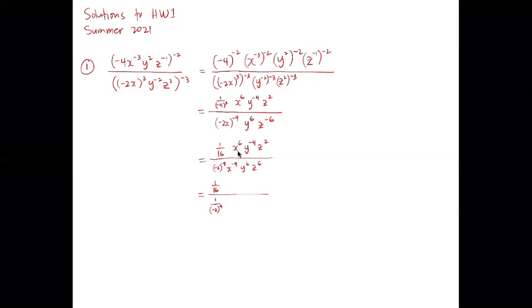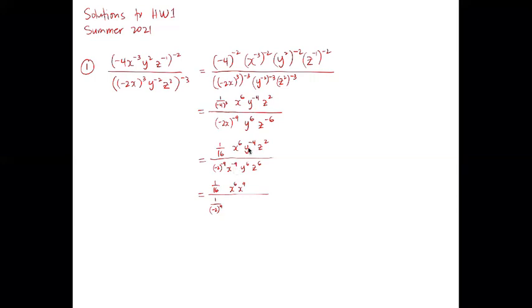Okay? And of course, you have your 1 over 16 in here. And then here you have x raised to 6 in the numerator. And the denominator, you have x raised to negative 9. So what we're going to do is to bring up this x raised to negative 9 from the denominator. And of course, retain x to the power 6 on the numerator. So you have x to the 6, and then here you will have now x to the power 9.